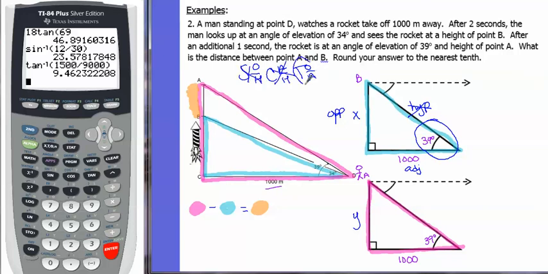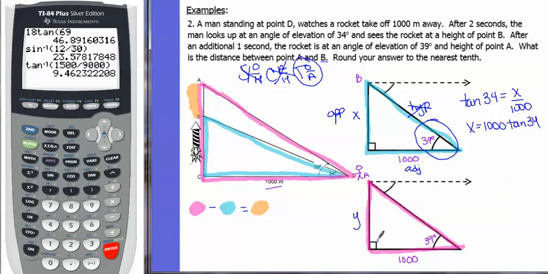So I'm using my tangent. So tangent of 34 equals x over 1,000. Now since x is in the top, I'm going to multiply. So x equals 1,000 tangent of 34.